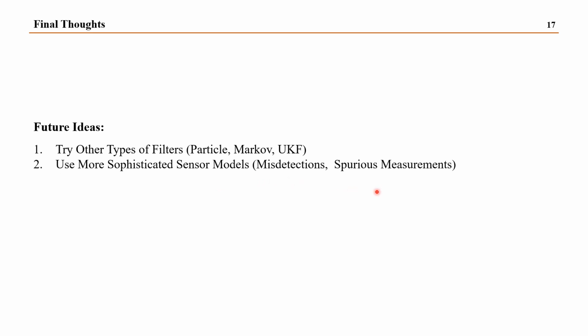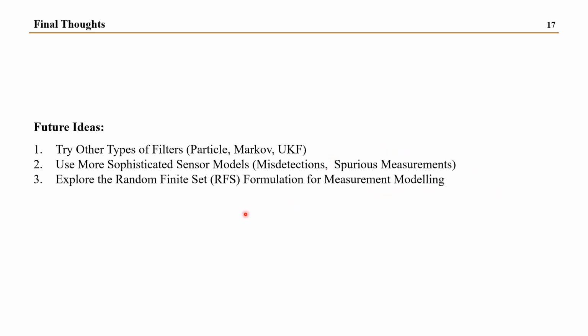As we said, some of the sophisticated measurement models could be used to handle spurious and missed detections, the random finite sets formulation for measurement modeling, and finally, we could also look into more robust methods for data assignment. In this case, we use the maximum likelihood. There could be other methods. I haven't quite explored the literature on this problem. There could be other types of problems that could be solvable with a better method.